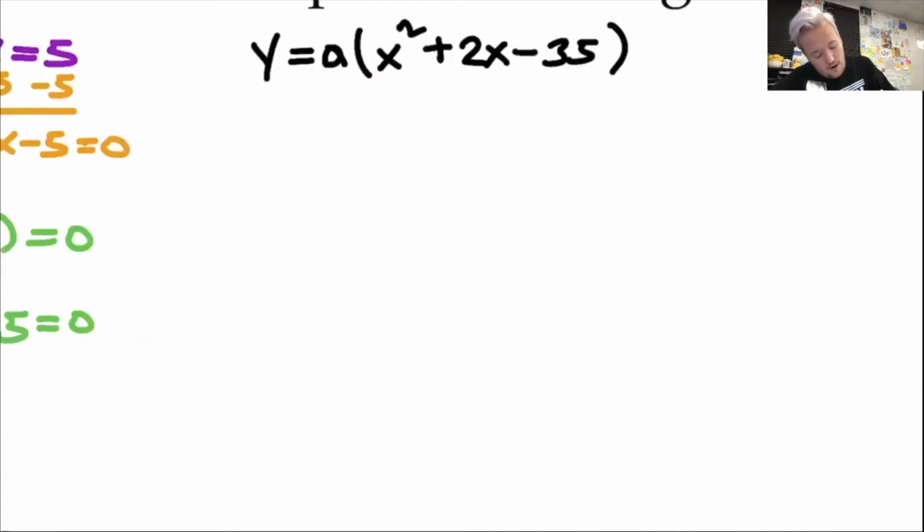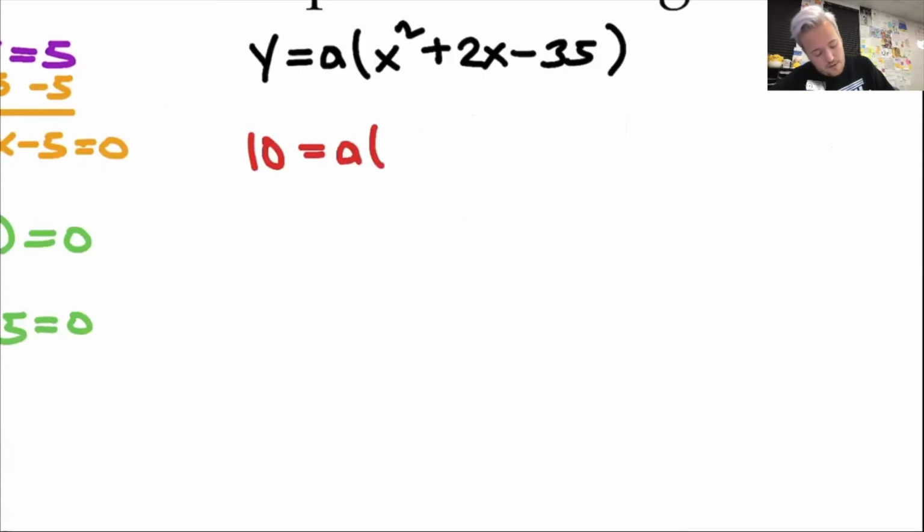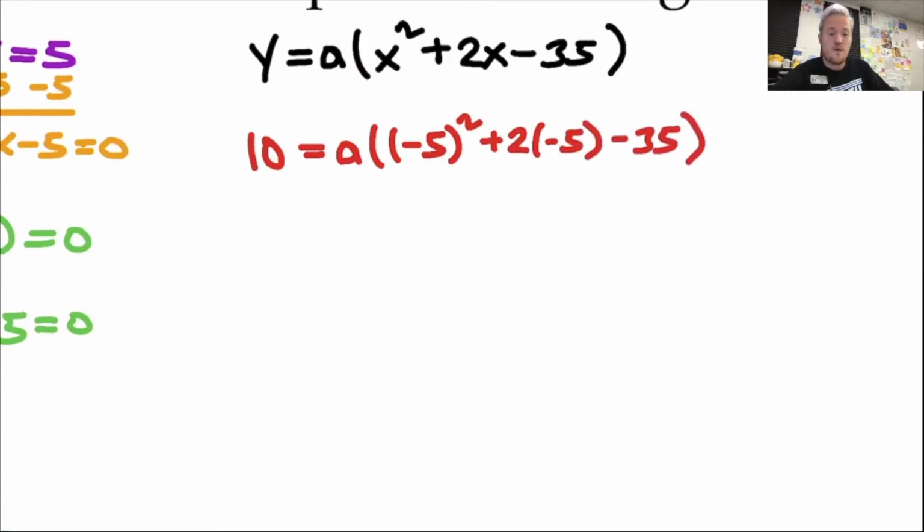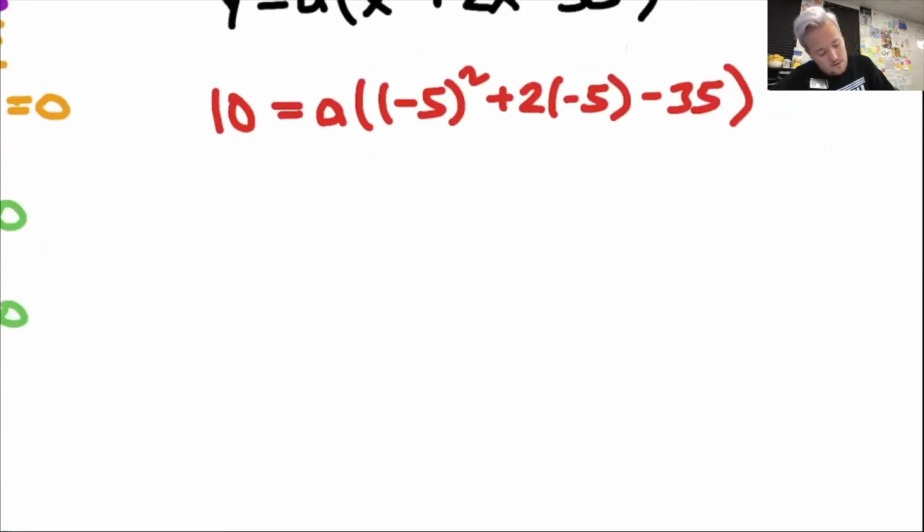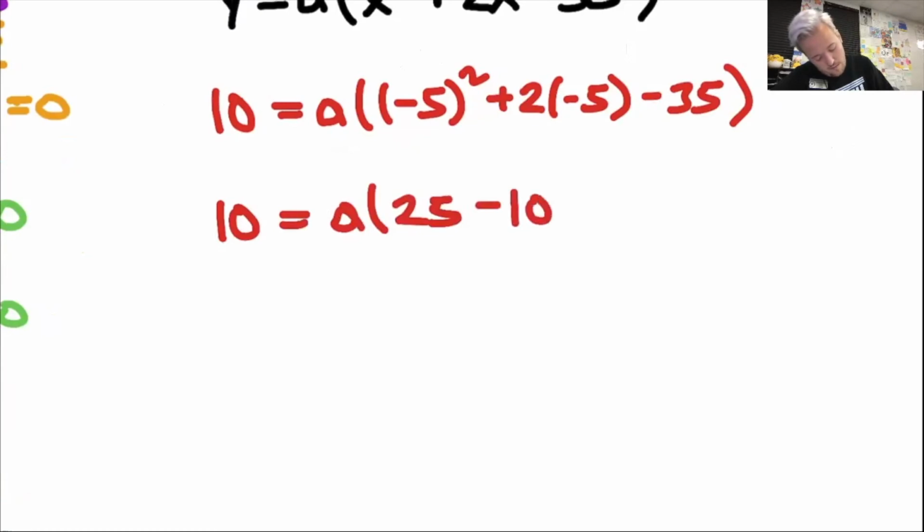For my y value, I will have 10. That equals a parentheses, -5 squared plus 2 times -5 minus 35. So 10 equals a parentheses 25 minus 10 minus 35.